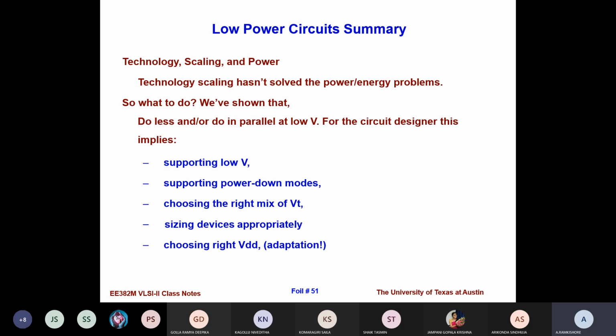So by following these low power circuit approaches, with a specific technology and the scaling, we operate the circuit under the low power category. Sometimes technology and scaling have not solved the low power and energy problem, so we have to go for some more techniques.